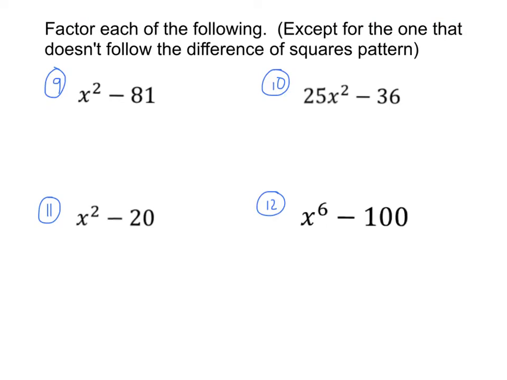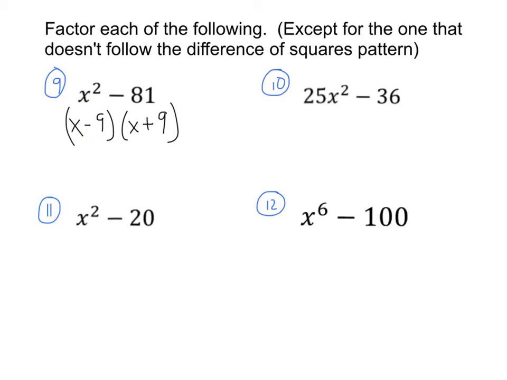How does this factor? Well, this follows that pattern that we've been seeing. We've got a perfect square, and a subtraction in the middle. So this one would factor like this: x minus 9 times x plus 9. That would be the factored version of x squared minus 81. If you don't believe me, multiply that out.